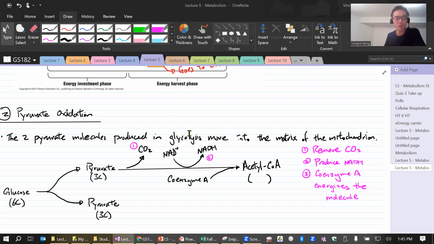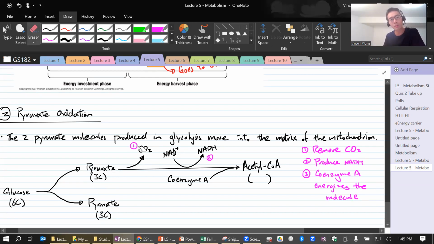Yes, because of the CO2, right? You have 3 carbons here. We remove the carbon dioxide. There is a carbon in carbon dioxide, right? So 3 minus 1 gives you 2. Does that make sense?